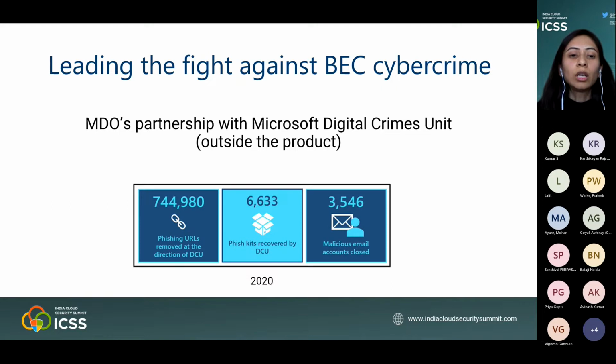In 2020, DCU directed the removal of over 744,000 phishing URLs and recovered approximately 6,600 phish kits, which resulted in the closure of 3,500 email accounts used to steal customer credentials. And this was data from the peak time of the pandemic, and 2021 has continued to be in a similar range.